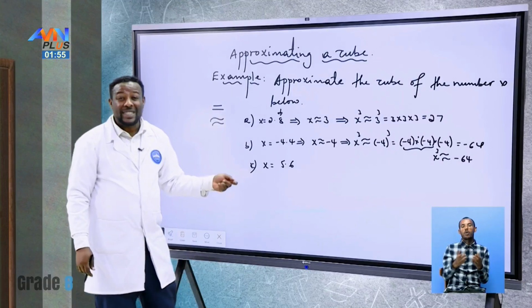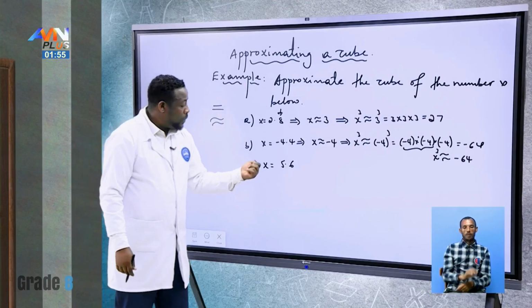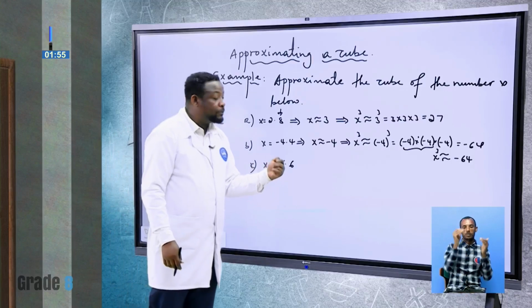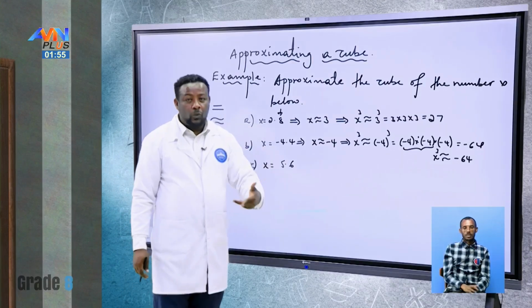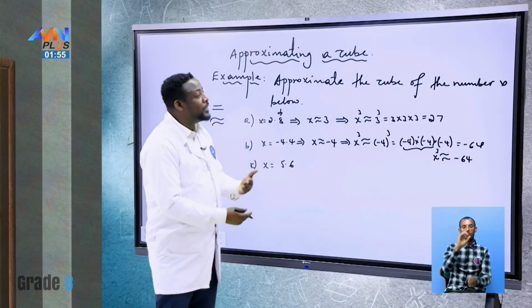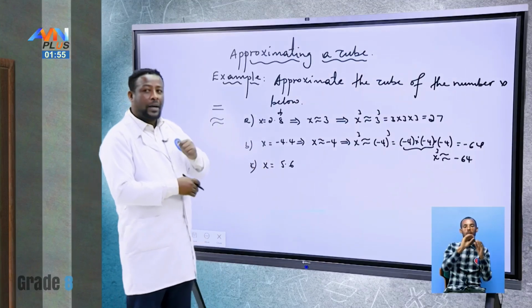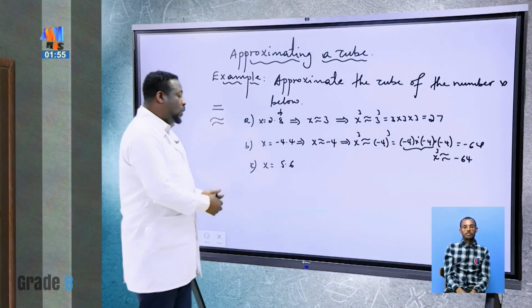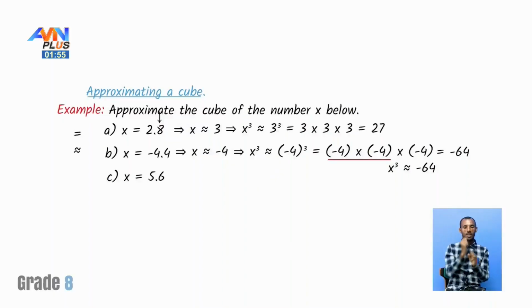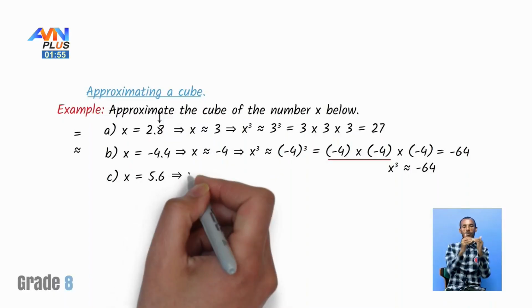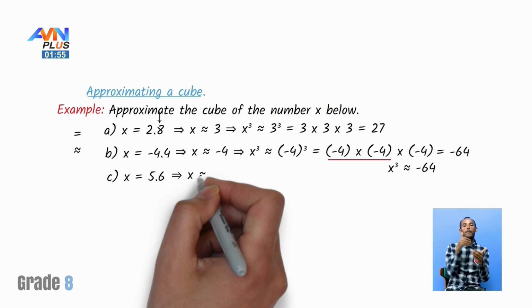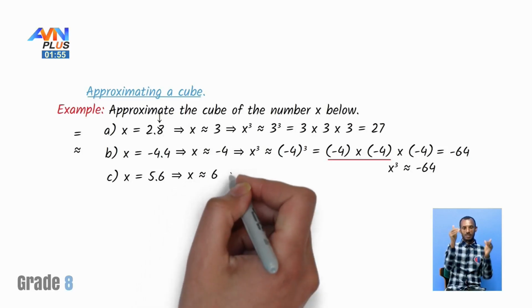When we come to the C part, we have x is equal to 5.6, and we are asked to calculate the approximate value of the cube of this number. As we did here, x is equal to 5.6 is approximately x is equal to 6.